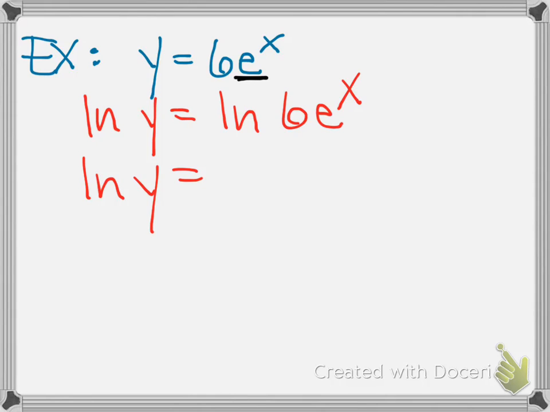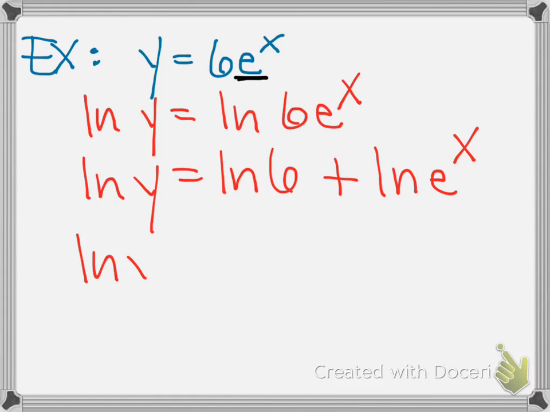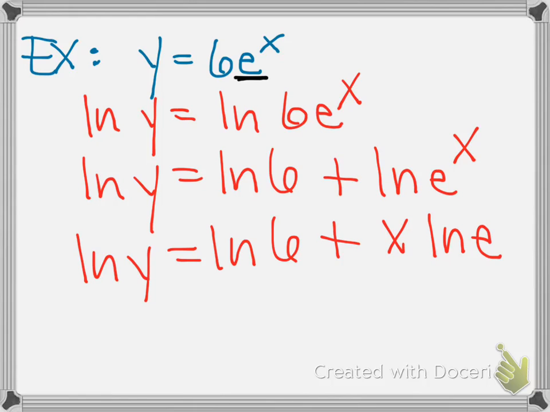On the right side, we're going to split it up just like we did before. So we'll have the natural log of 6 plus the natural log of e to the x. And next step, we're going to pull that exponent of x out front. So this becomes x times the natural log of e.